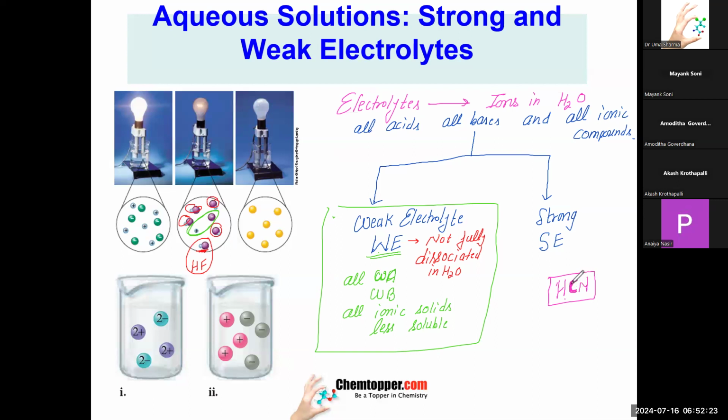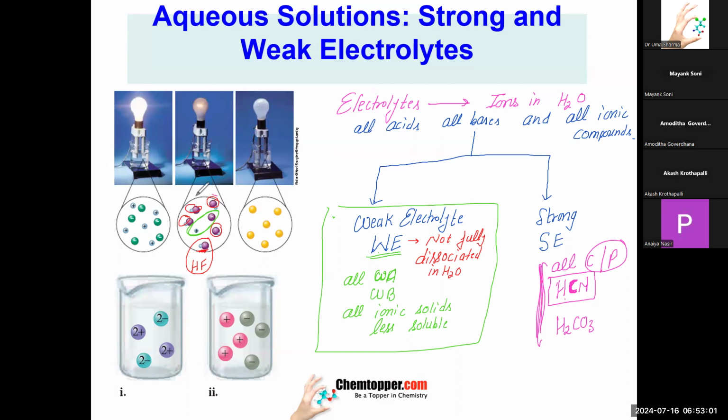Can you see carbon here? All carbon containing and phosphorus containing acids. Is carbonic acid, H2CO3, strong? Is a carbon containing acid strong or weak? Weak, yes.